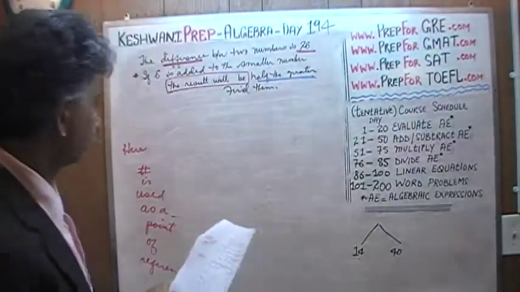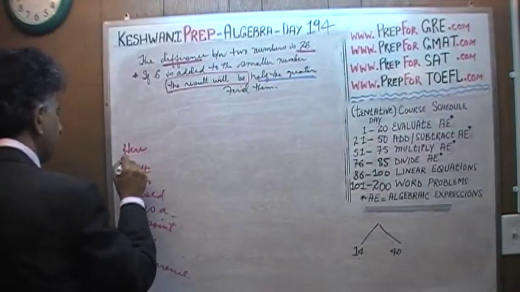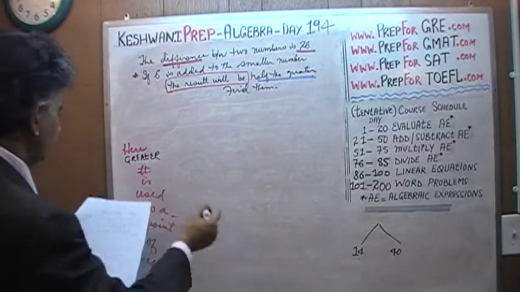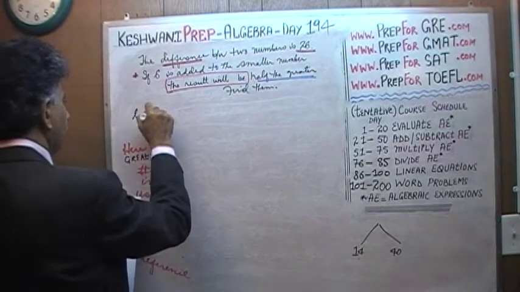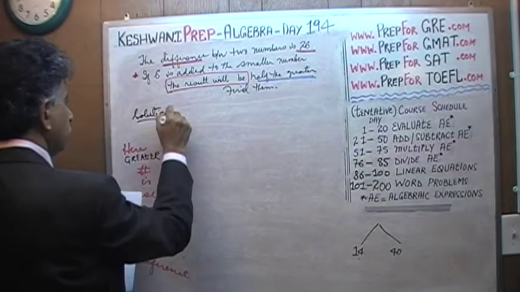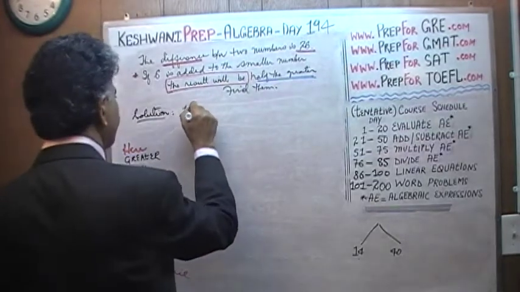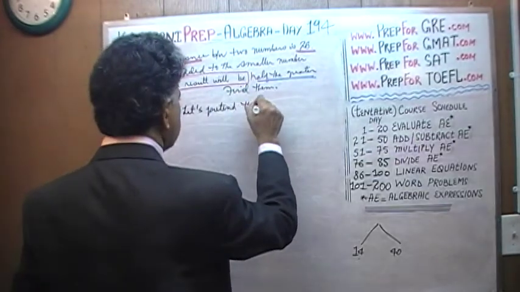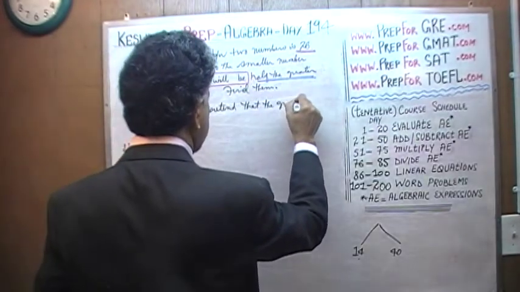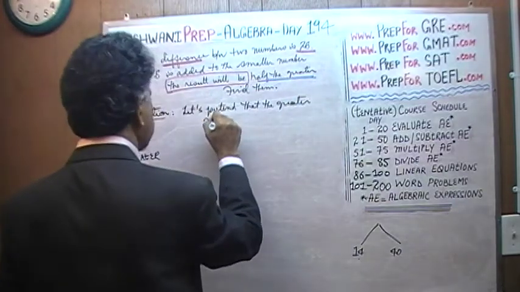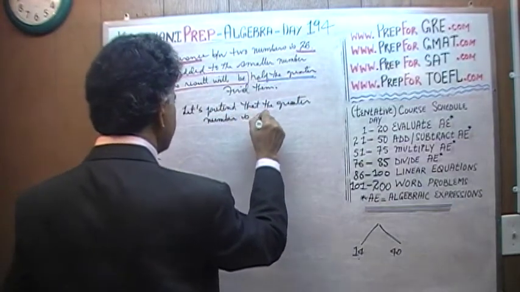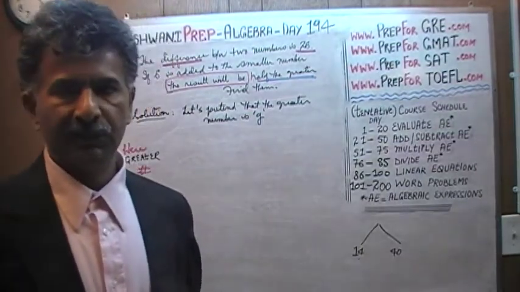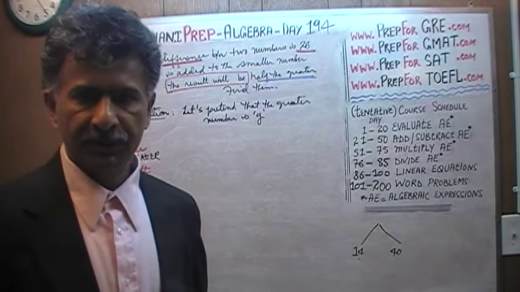So here we go. We are using the greater number as a point of reference in this solution. So here is our solution. Let's pretend that the greater number is G. In this solution I'm calling the greater number G, letter G. I'm designating it with the letter G, G for greater.